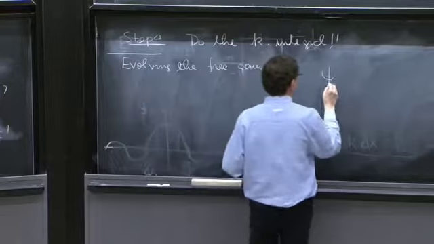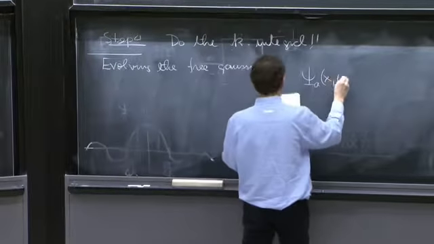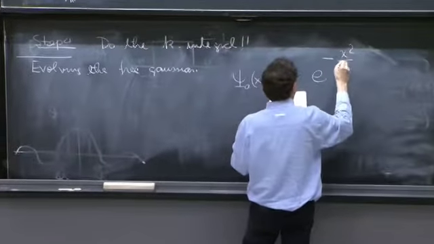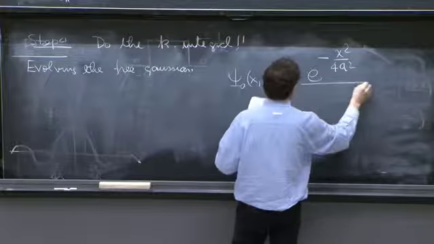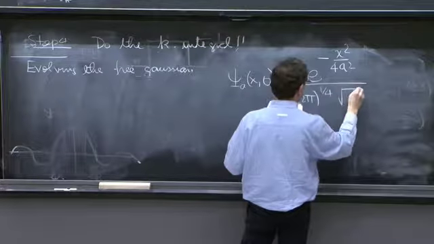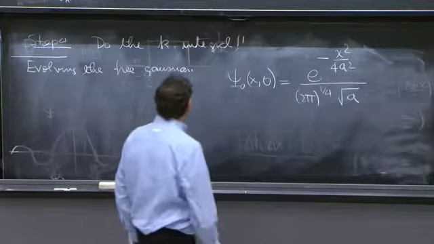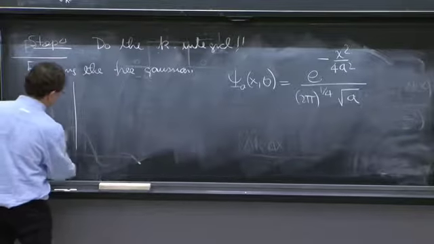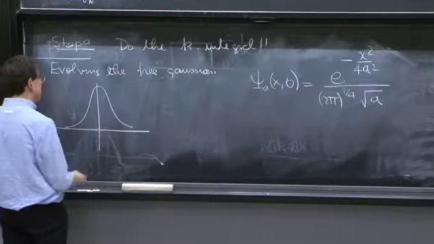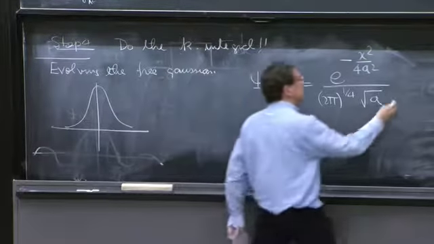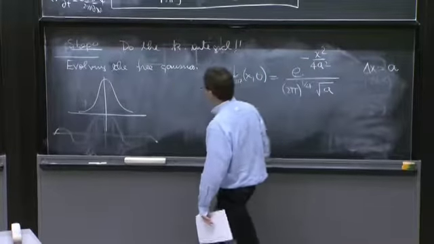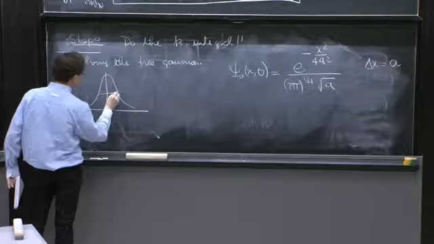So you take psi of x and time equals 0 to be e to the minus x squared over 4a squared over 2 pi to the 1/4, that's for normalization, square root of a. And so what is this? This is a psi that is a Gaussian, and the uncertainty is roughly a, is that right? Delta x is about a, because that controls the width of the Gaussian.